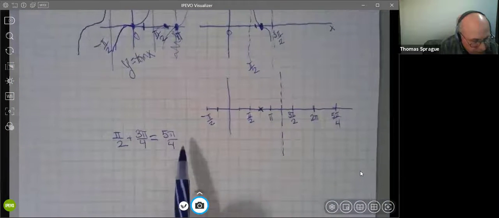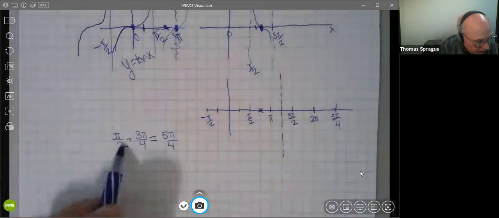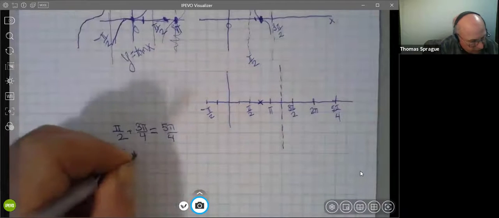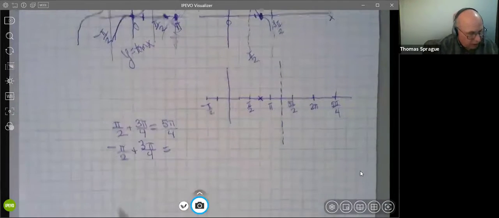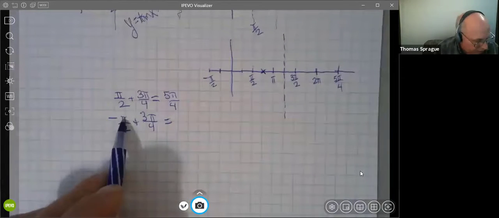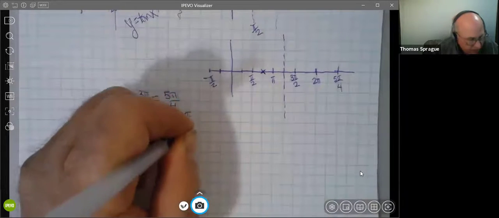And let's see, that was pi over 2. How about minus pi over 2? So minus 2 pi over 4 plus 3 pi over 4 makes minus pi over 4.